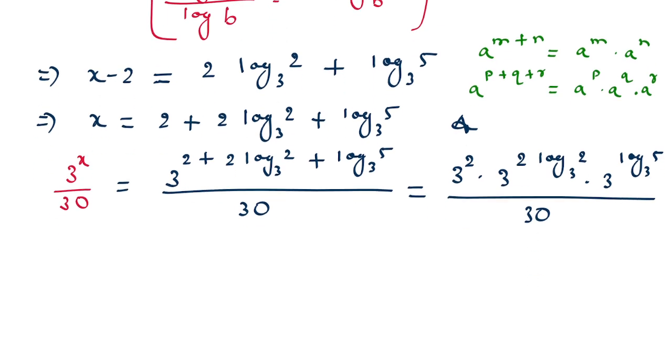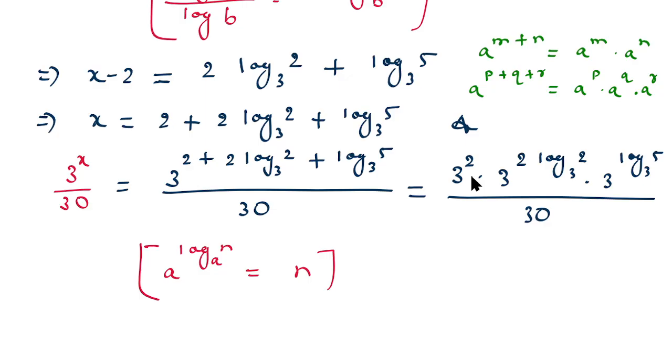Now there is one more important formula, that is a to the power log n base a, which will be equal to n. If both bases are the same, the answer will be n.